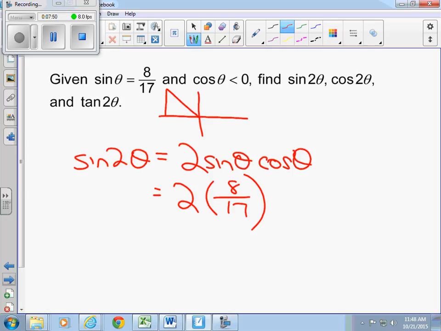Up, sine's positive, right? Yep. And left, cosine's negative. So where those intersect is quadrant 2. Sine is opposite over hypotenuse. What is that third side? Pretty fast. Good.